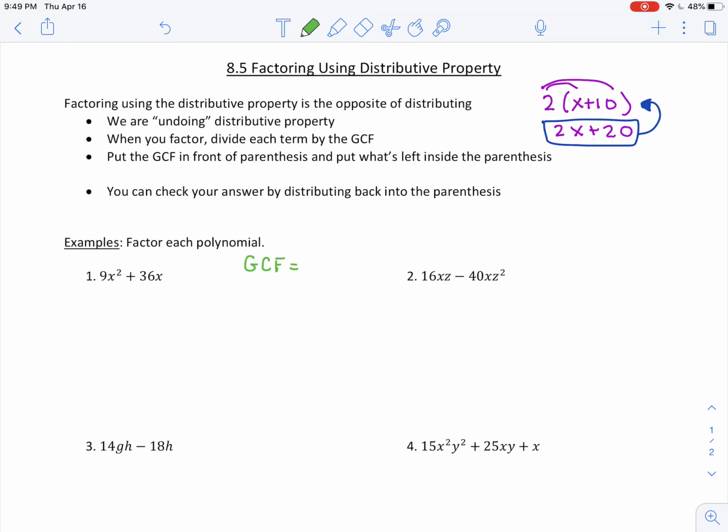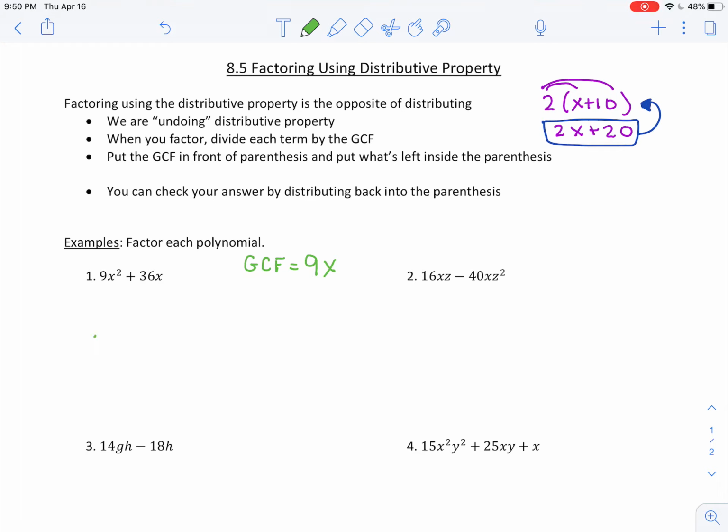So 9 and 36, the biggest number that divides into both 9 and 36 is 9. Then if I compare x squared to x, the biggest number of x's that they both have is just 1x. So my greatest common factor is 9x. That's what I'm going to factor from each of these terms.